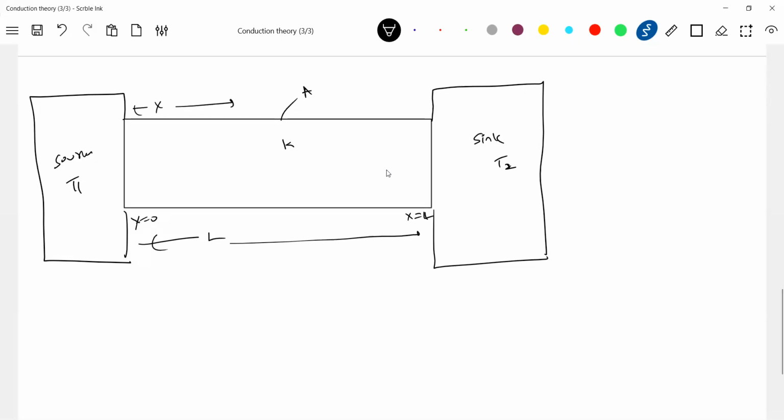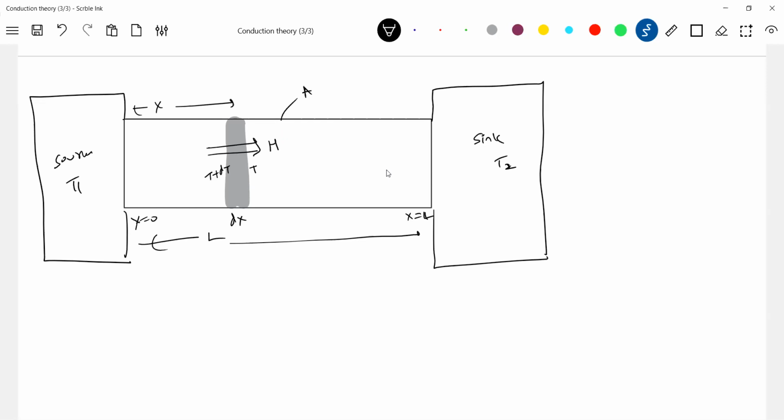If you take a small element, what is the thickness of this element? Let it be dx. Here the temperature will be T plus dT and the temperature here will be T. The heat will flow in this direction.